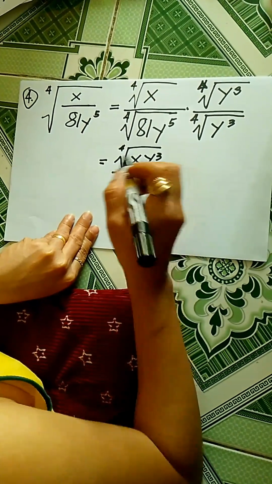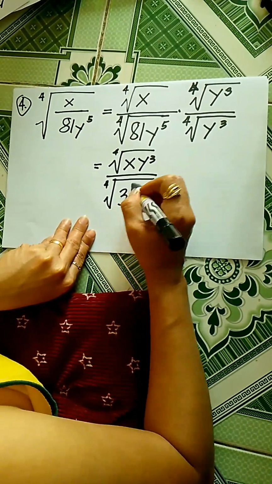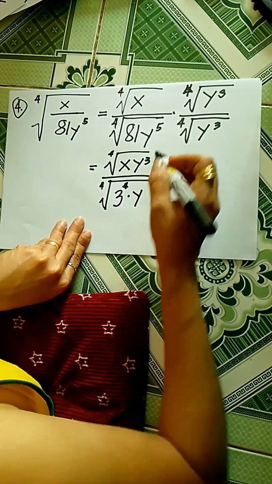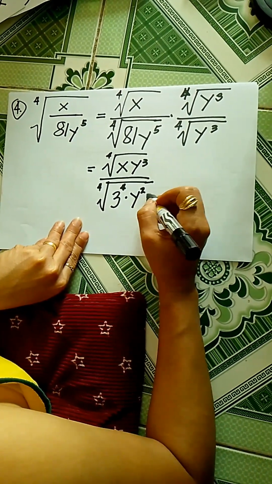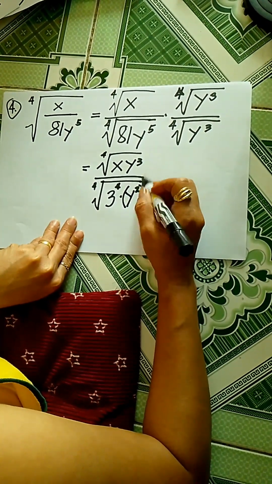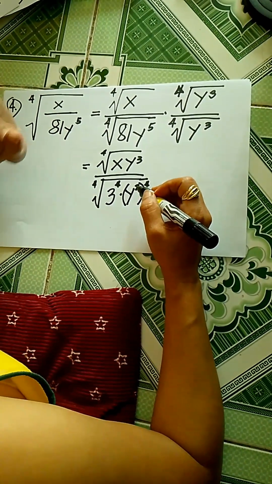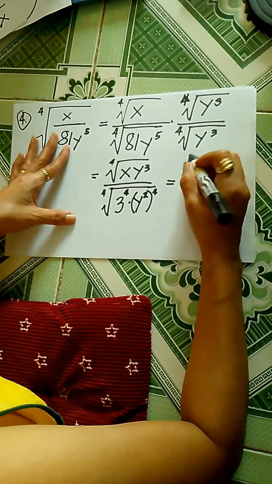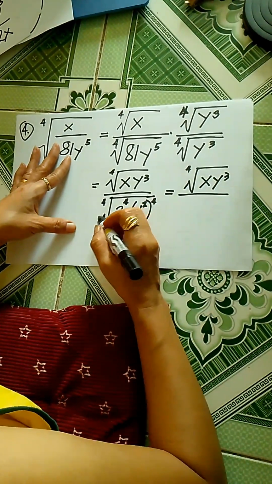But then again, make sure that the index is the same. Yan. So, we have fourth root of x times fourth root of y raised to 3 is fourth root of xy cubed. And fourth root of 81 can be written as 3 raised to 4 and y raised to 8 can be written as y raised to 2 raised to 4.